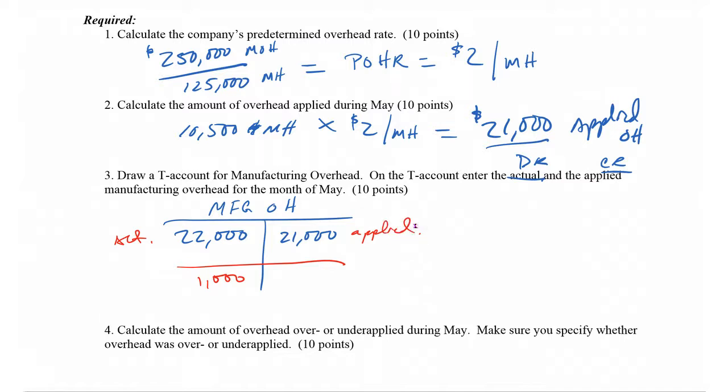Did we apply more than the actual or less than the actual? In this case, we applied less, which means it's under applied by 1,000. Had we had perfect knowledge, we would have applied $22,000 of overhead, not $21,000 of overhead.